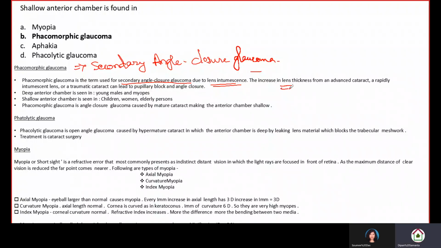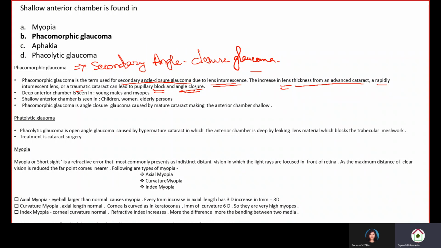The increase in the lens thickness from an advanced cataract or rapidly intumescent lens or traumatic cataract can lead to pupillary block and angle closure.